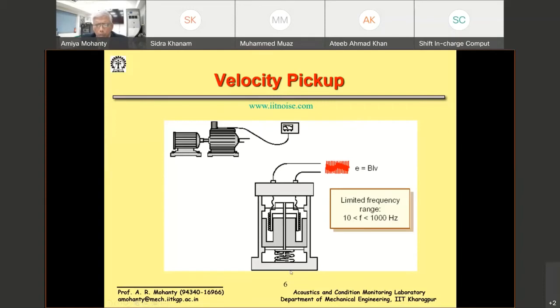If there is a motion here, this device core is going to move, and there's a coil. So there will be a voltage proportional to the movement here. And that was a very rudimentary way of measuring vibrations. Nevertheless, there was no other equipment available, no accelerometers were that popular in 1920.